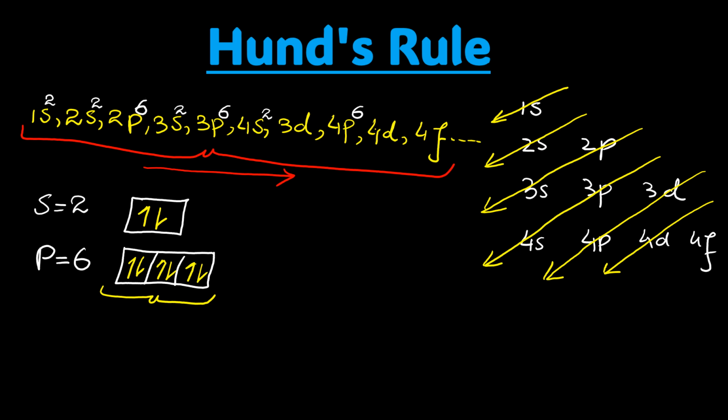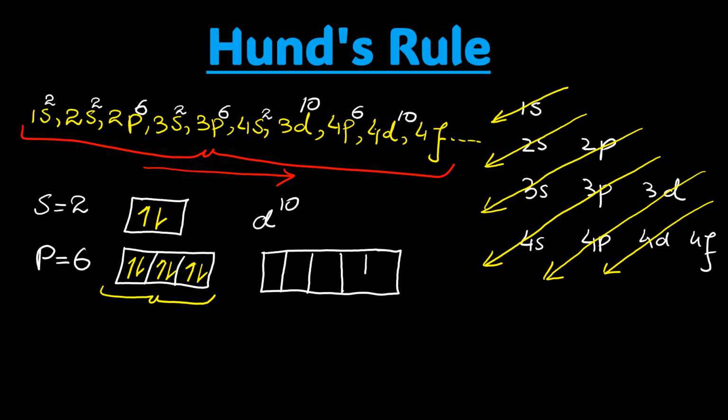Similarly, the d subshell has a maximum of 10 electrons, so in configuration we will write 3d10, 4d10. Every orbital can accommodate a maximum of 2 electrons, so the d subshell consists of 5 orbitals: 1, 2, 3, 4, and 5.